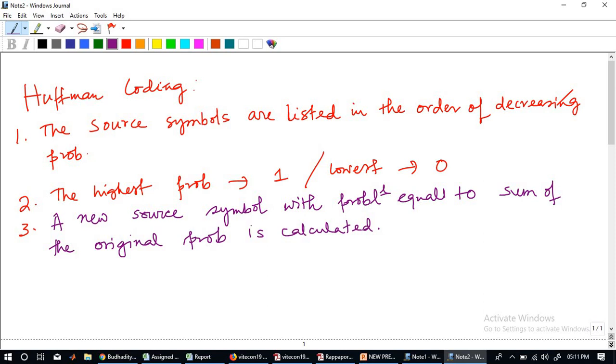We'll see with the numerical, this is only the steps. The probability, this is where it is important. This is where it differs from the rest of the coding.